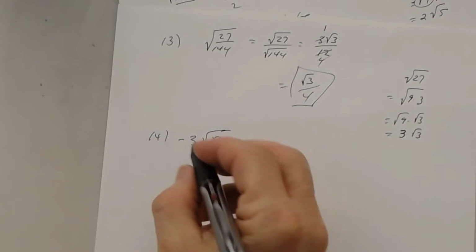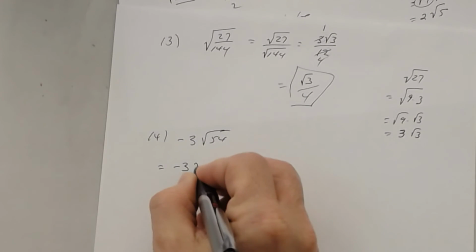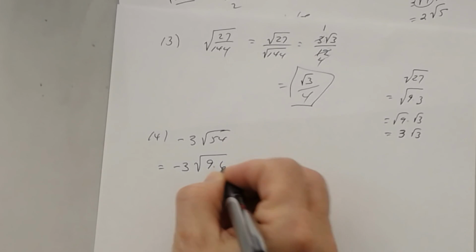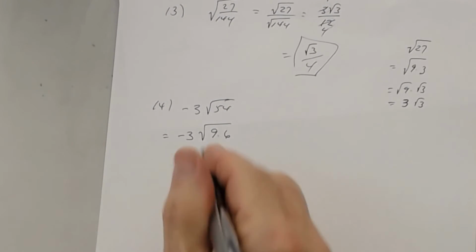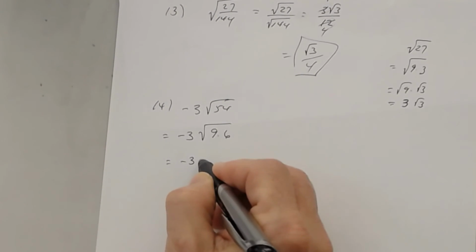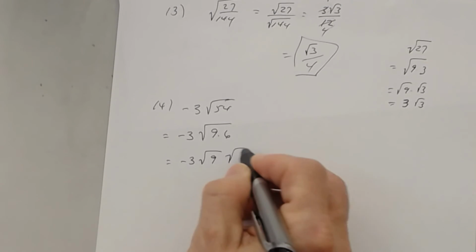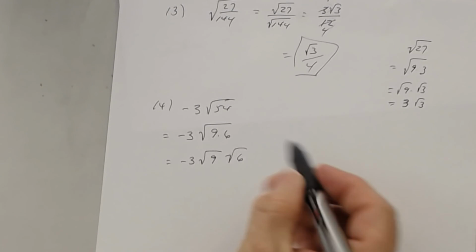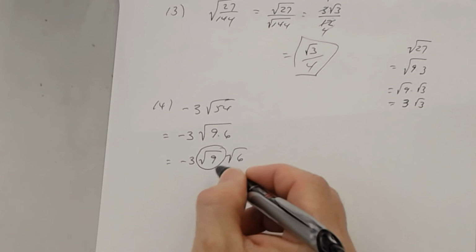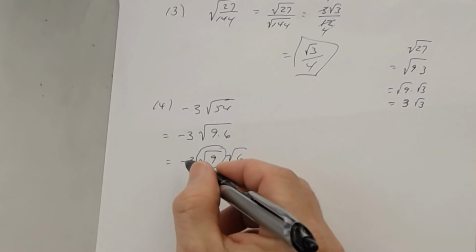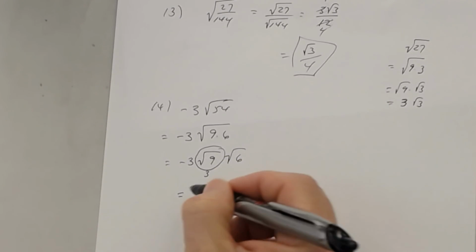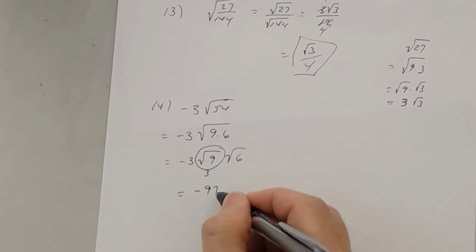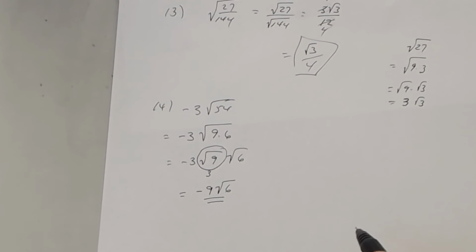So it becomes negative 3 times the square root of 9 times 6. I can rewrite that as negative 3 times the square root of 9 times the square root of 6. And what's the square root of 9? 3. So this becomes negative 3 times 3, which is negative 9 square root of 6. That'll be the answer.